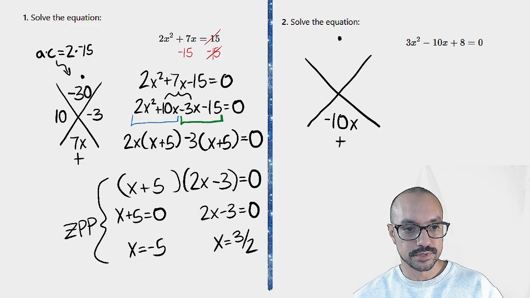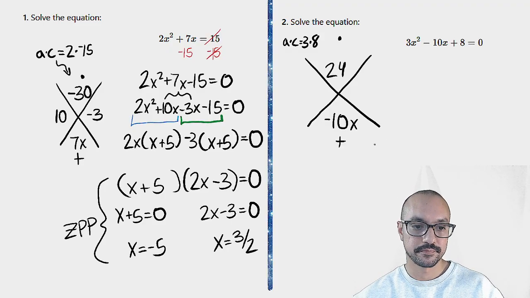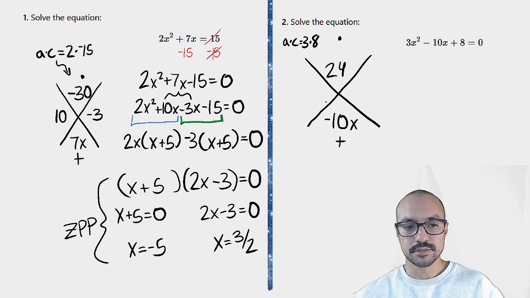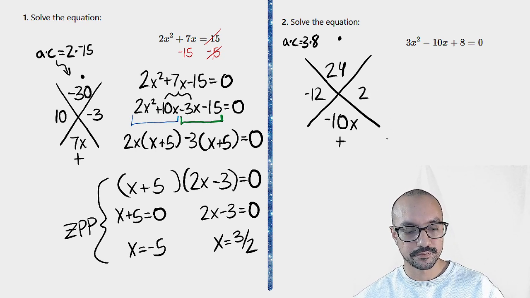And since we can't do the shortcut version on this, I'm going to do a times c. That's 3 times 8 for this one. So we want something that multiplies to make 24. Now the first thing that comes to mind is maybe negative 12 and 2.